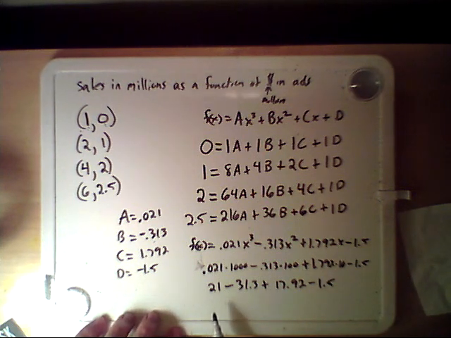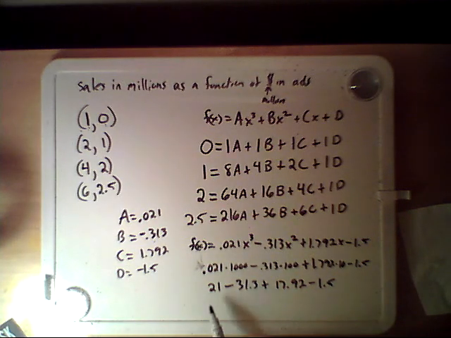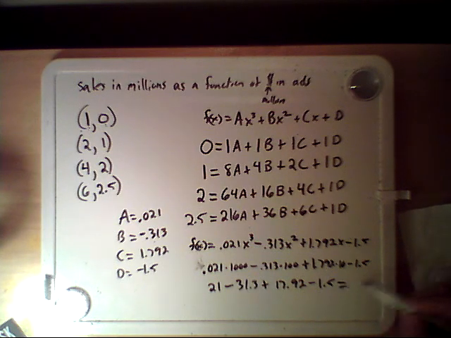Okay, so I don't have a calculator with me, but if we just added 21 minus 31.3 plus 17.92 minus 1.5, that's going to give us how many units in millions we're going to sell as a result of $10 million in advertising. Okay, let me just erase this and we'll do the second one here.